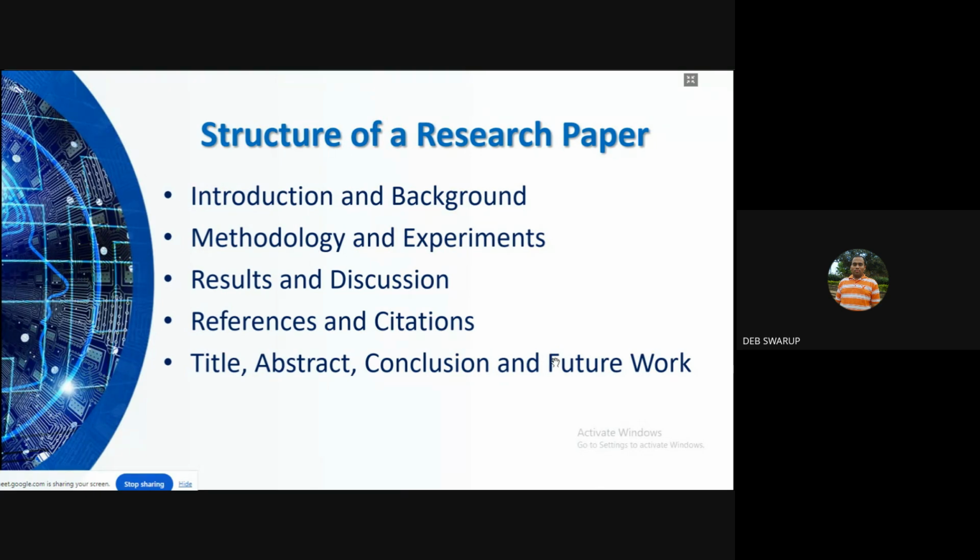Yeah. Next is references and citations. Now, these references and citations are very important things. We will talk in detail about them later, but kindly try to understand, references and citations are not like dry fruits in our pudding. You put them, it is okay. You don't put them, also okay.